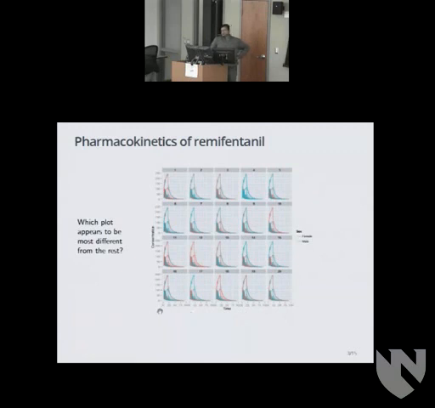When the medication is administered, you can see the concentration going up, and over time the concentration goes down, as the medication passes out through the body. Each line here represents one patient, and the color represents male and female participants.